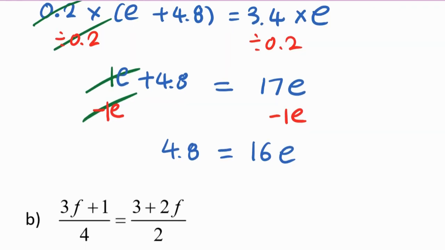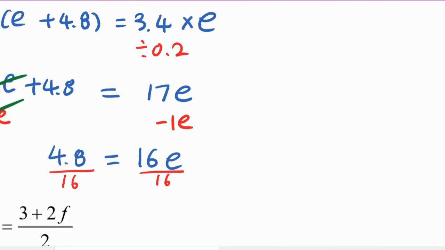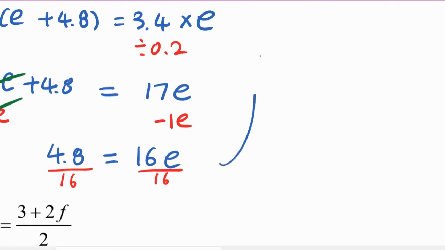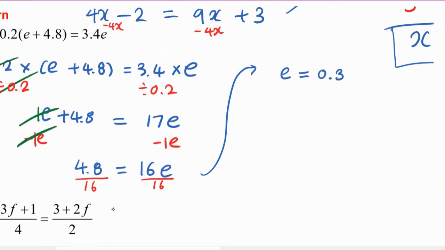To find E, what you have to do is divide both sides by 16. So put this into your calculator. Then your E will be 0.3. So do you guys understand how to do this?